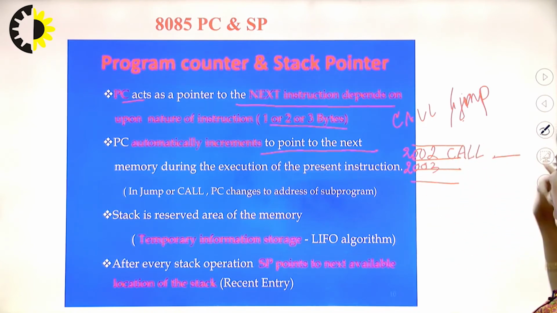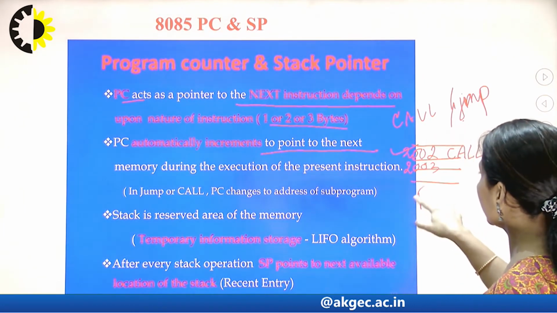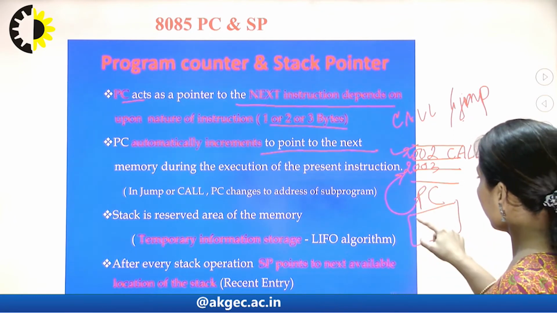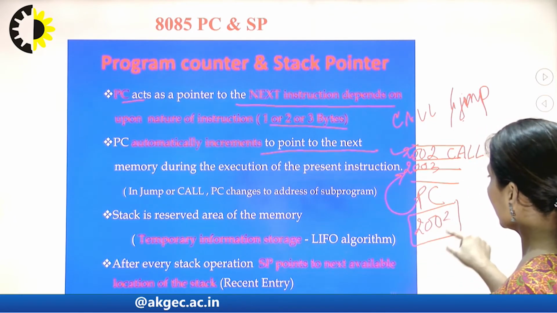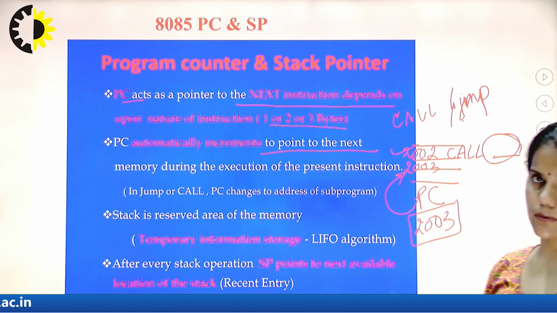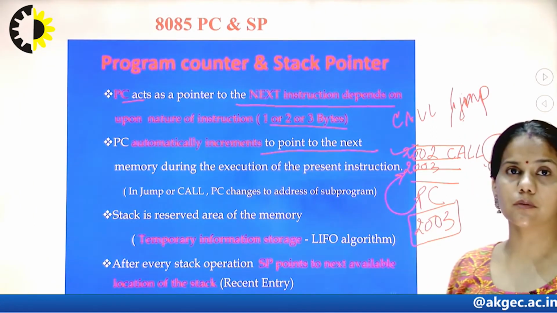When we are at this instruction, that is 2002, the PC at that point holds which address? 2003. Yes. But after executing the call instruction, we have to go to this address, which is given here. But to go to this address, it must be loaded into the PC.